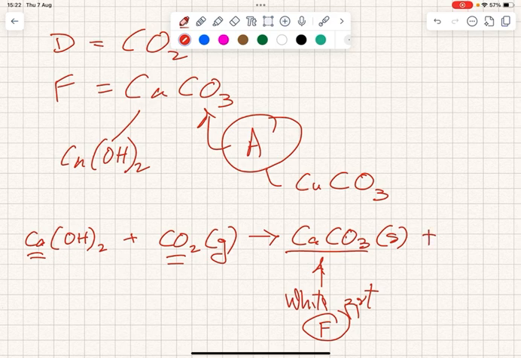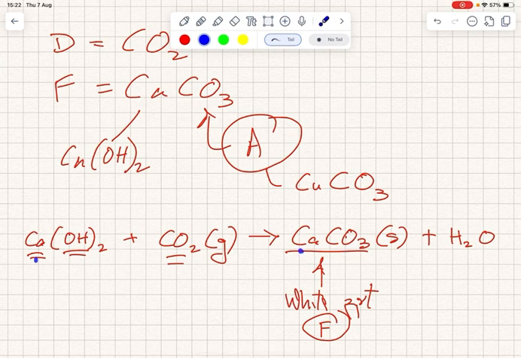And what else will be produced? You have OH, so obviously your water will also be produced, right? And can we check if it is balanced or not? Calcium 1, then carbon 1, oxygen 3 plus one more oxygen, so there are 4 oxygen here. So oxygen 2 plus another 2, so 4 oxygen. Hydrogen is 2, hydrogen is 2. Okay, done deal. It's balanced, right?